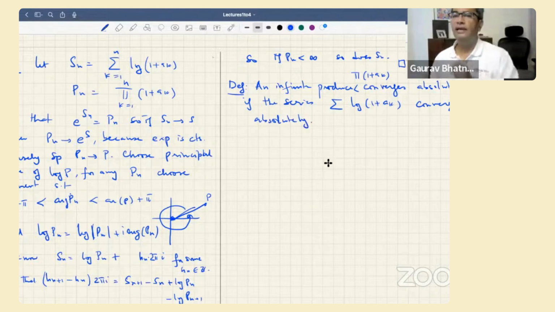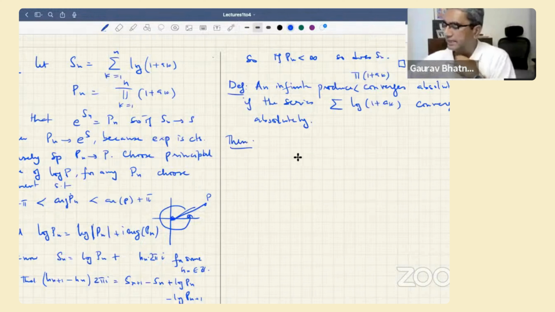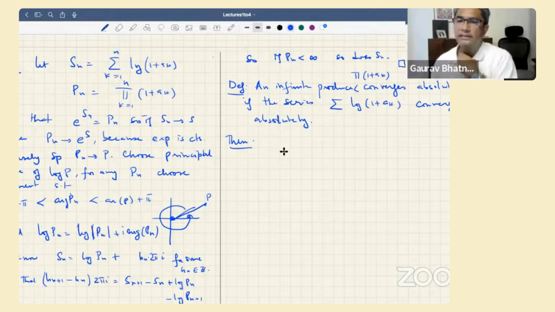So we define absolute convergence in terms of this, and now we have a theorem. We need absolute convergence just like we need it in the series case. A lot of things happen very nicely, especially when we are talking about uniform convergence.